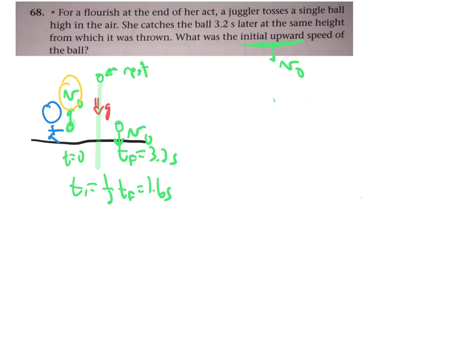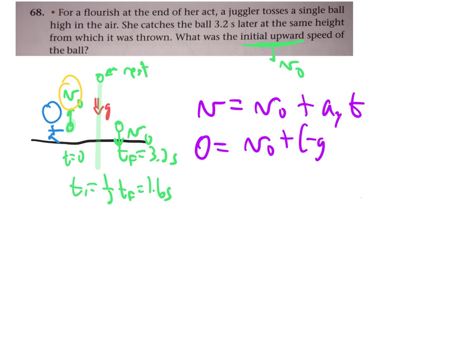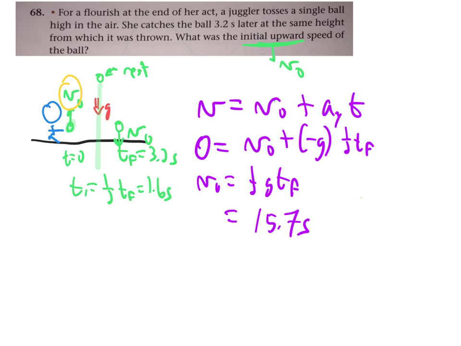So I can also go through and say that v is v0 plus a_y t, or 0 is v0 plus acceleration of g downward times 1/2 the time of flight, or v0 is 1/2 g tf. And since those are all the same numbers in the same form, this must also give me 15.7.